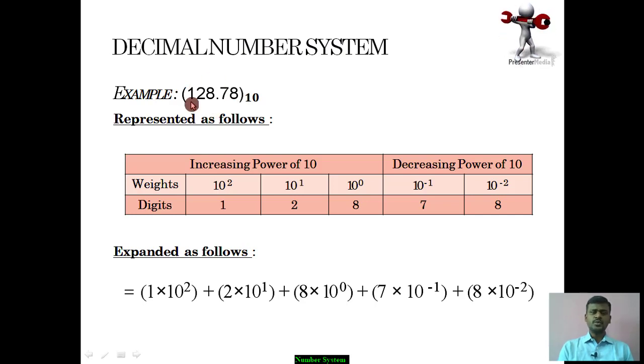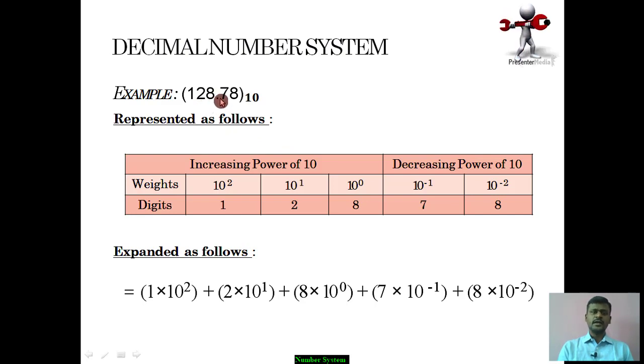So we will try to represent this number using this table. Below you can see a table here. In this one we have written something called increasing power of 10 and decreasing power of 10. This means, consider here 128 point.